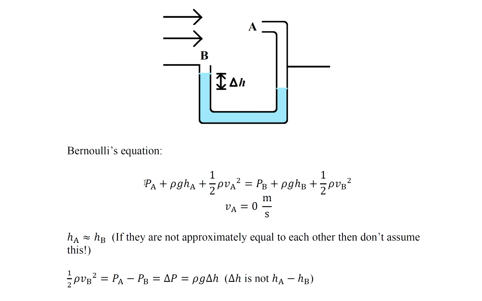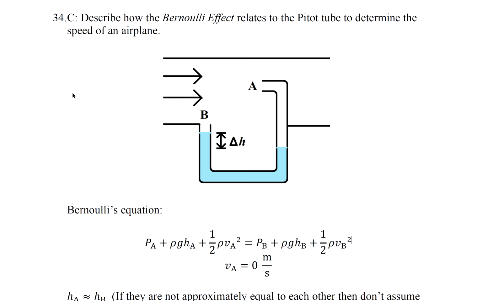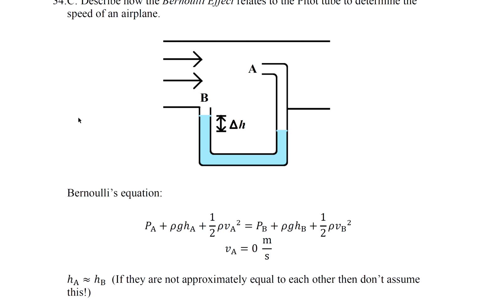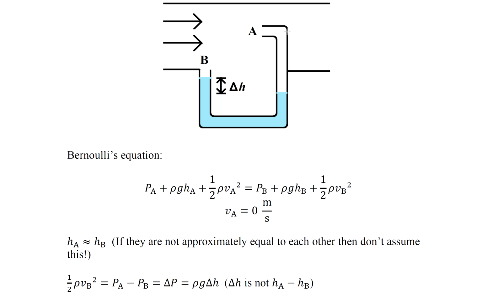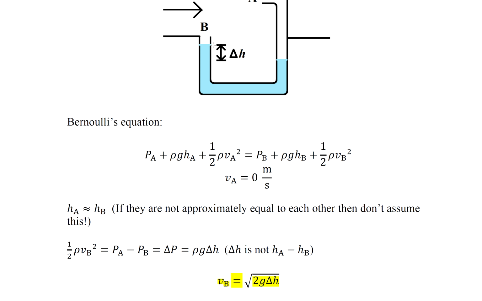So Bernoulli's equation tells us this. V sub A is equal to 0 meters per second, because the wind just hits this part and it stops. H sub A minus H sub B is not equal to zero, it is delta H. So this is delta H here.